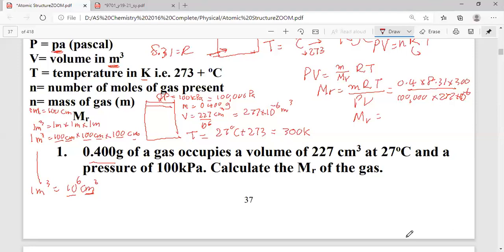I just stop it for a while first. I look for it. I'm sure I solved it. I found it. The answer here is 43.93. So very simple, isn't it?